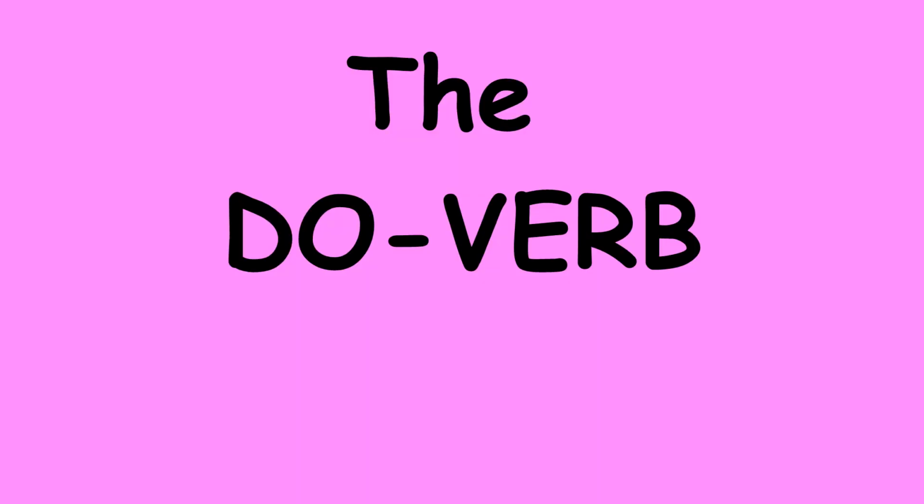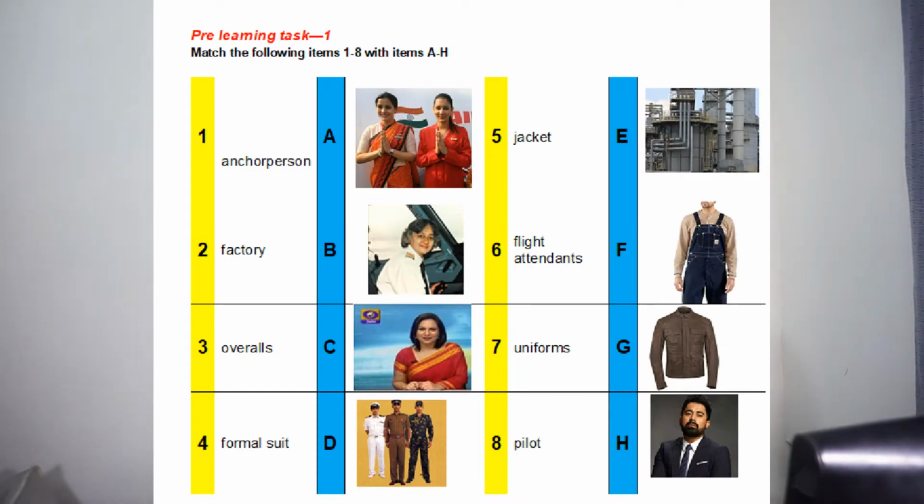Okay, are you ready? Now let's look at the first key point, the do verb. We'll now look at some vocabulary first. So I want you to go to pre-learning task 1. Found that? Okay. There you will have to match the columns.